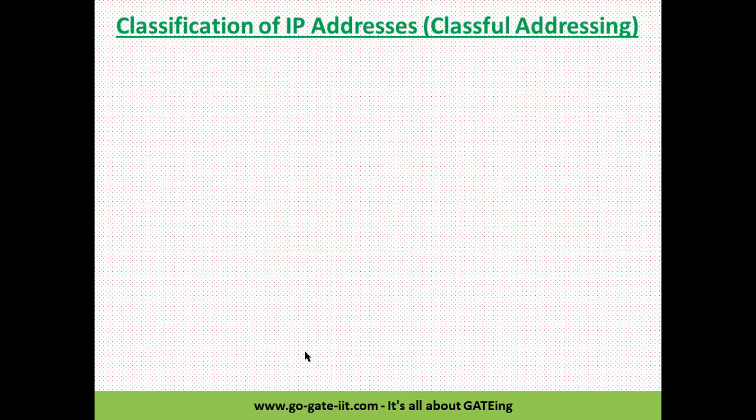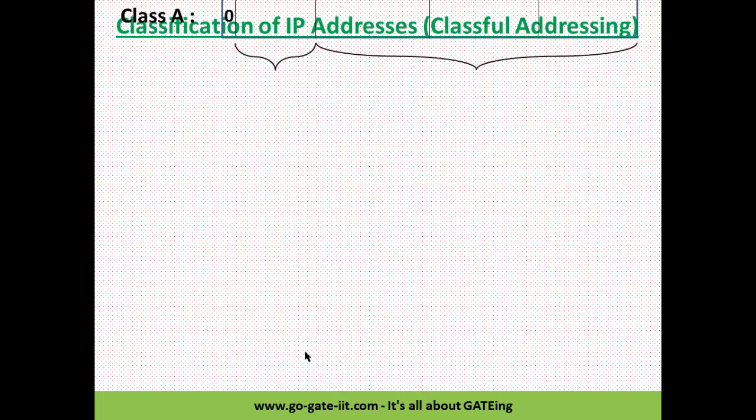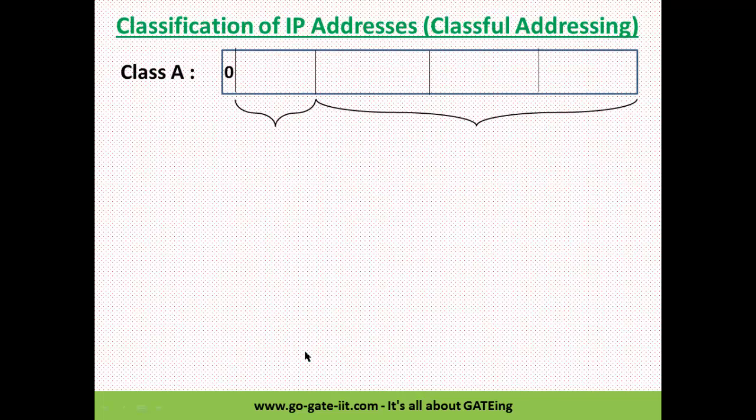Before we proceed to classification of IP addresses, there is one more thing I want to discuss here, that there are two different versions of IP nowadays. Initially, it was released as IPv4, that is version 4. Whatever we are seeing belongs to IPv4, and there is one more version released in 1995, that is IPv6, version 6.